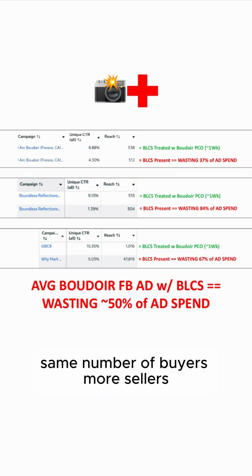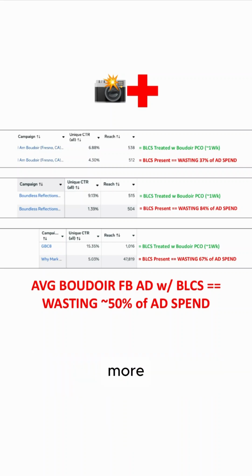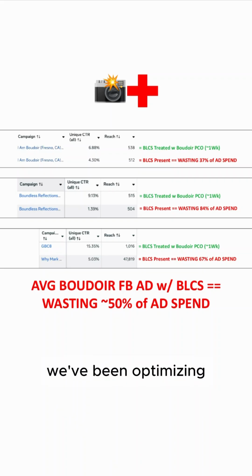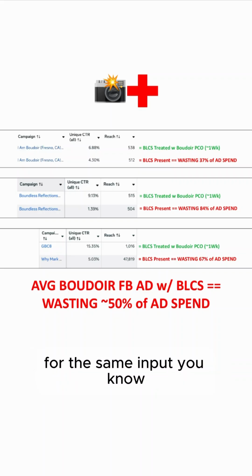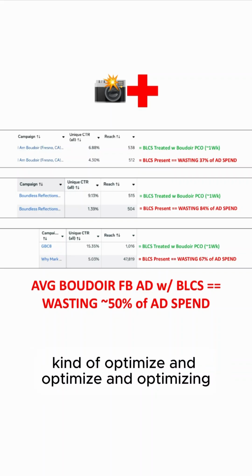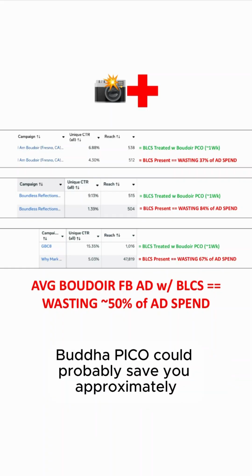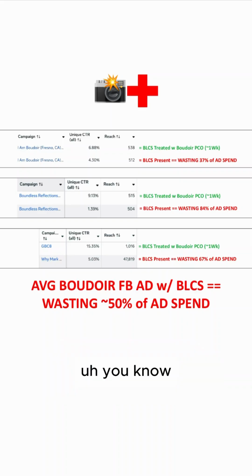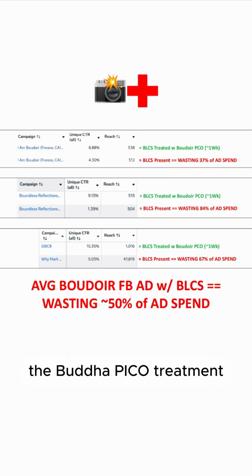Same number of buyers, more sellers, and we're also seeing more inflation, more increasing cost of living, and we've been optimizing other parts of our business to extract more profit out for the same input. And you see that with Wapico could probably save you approximately 5K a month on average, 60K over the next 12 months with the Boudoir Pico treatment.